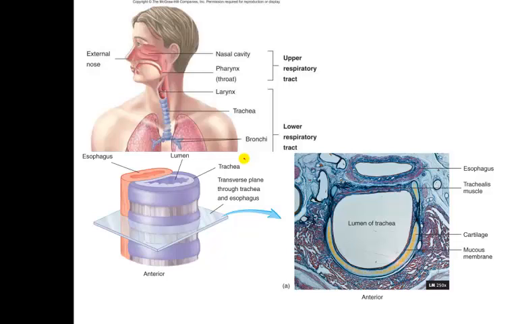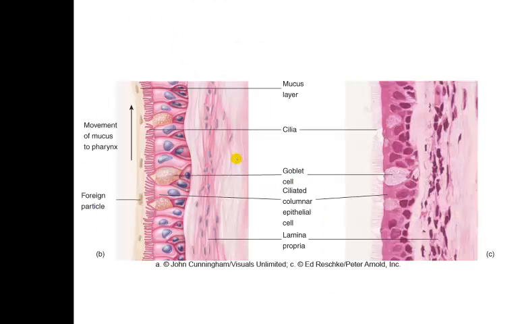Let's look at the epithelium that lines basically the lumen of the trachea. So you can see it here. So the epithelium that lines the lumen of the trachea is a type that you may remember from ANP1 called pseudostratified columnar epithelium.